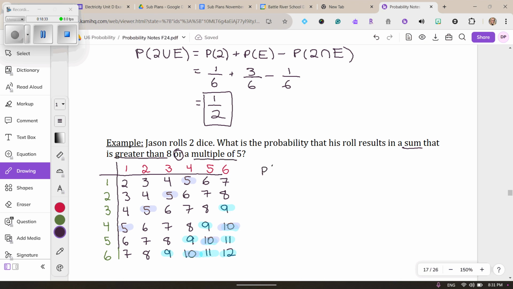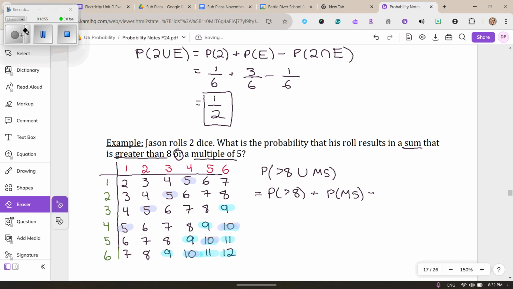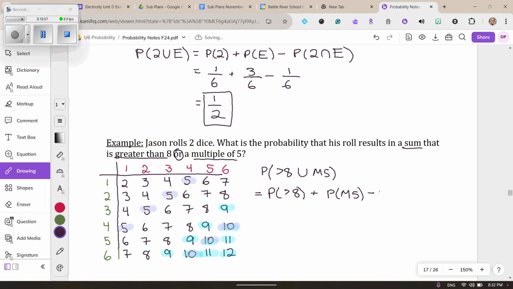Okay, so our probability of rolling greater than an 8 or a multiple of 5 is going to be equal to your probability of greater than 8 plus your probability of a multiple of 5 minus the probability that it is greater than 8 and a multiple of 5.